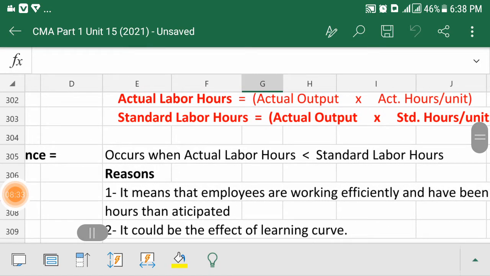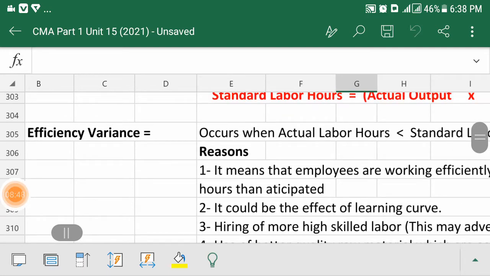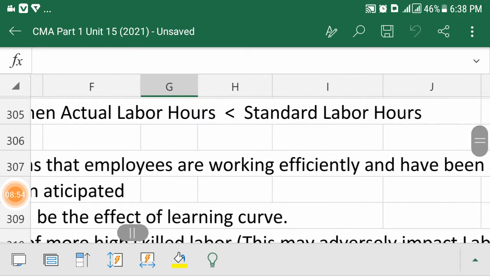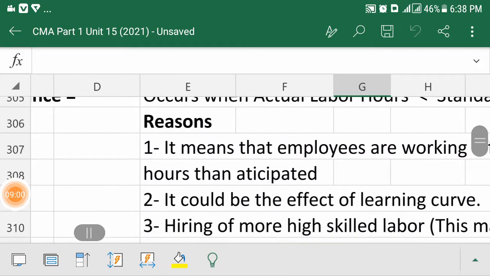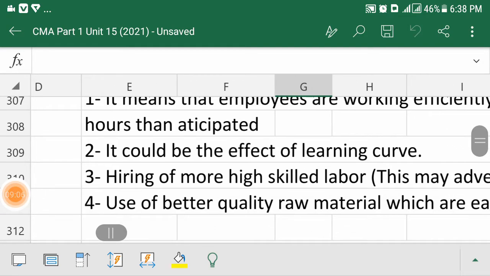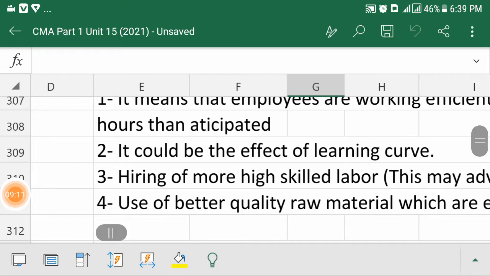Actually, it occurs when actual labor hours are less than the standard. Whatever you have expected, if the actual labor hours are less than that, then it will be a favorable efficiency variance. So here are the reasons why it could be. The first reason is that employees are working efficiently and have been able to complete the production in fewer hours than anticipated. The second one could be the effect of the learning curve, the learning curve that we are studying in our 12th unit.